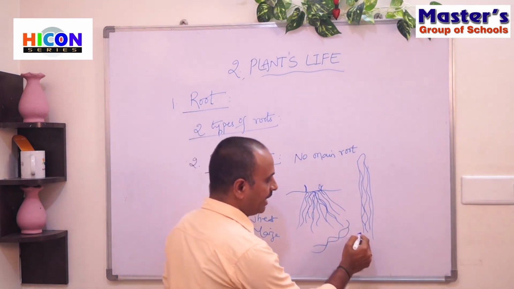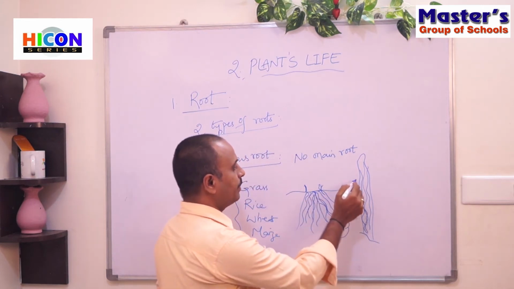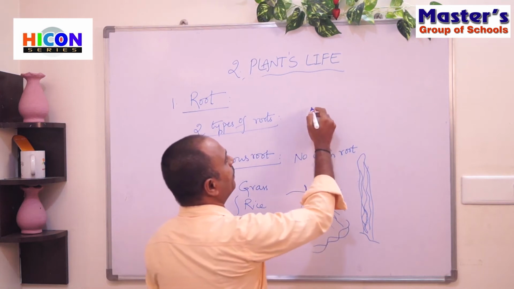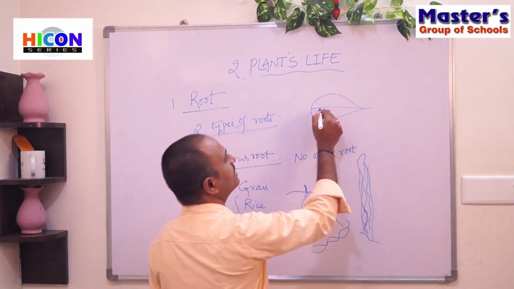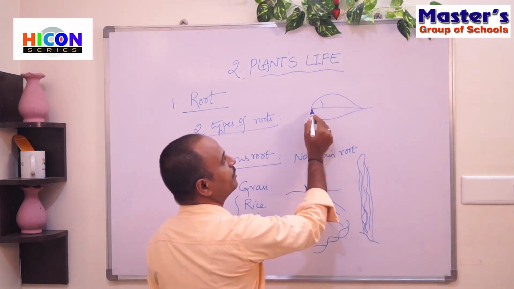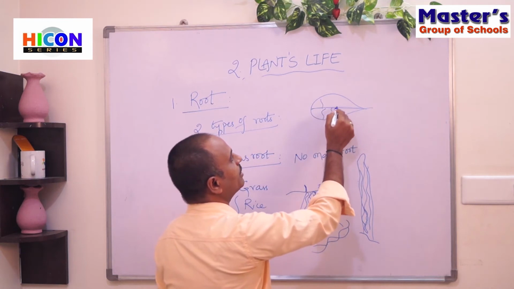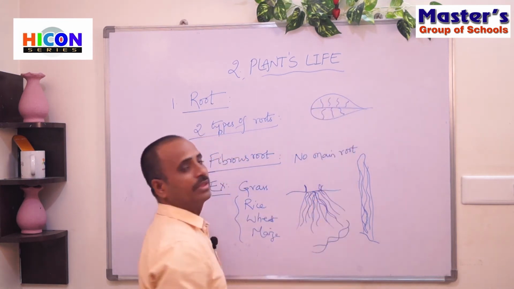So if any plant has leaves just like this, that plant will have fibrous root. And if any plant has leaves like this, that means it has a midrib. That means this midrib represents a main root, and these side veins represent small roots that grow from the main root.